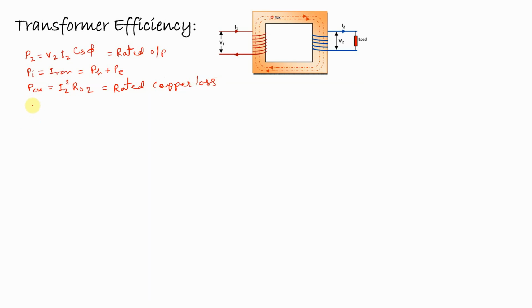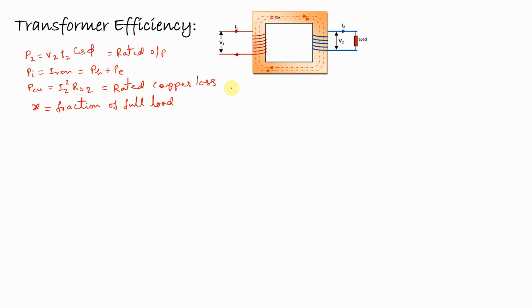Now consider X is the fraction of the full load. Fraction of full load means, in the previous slide we considered half load. That means there the value of X equals 1 by 2.